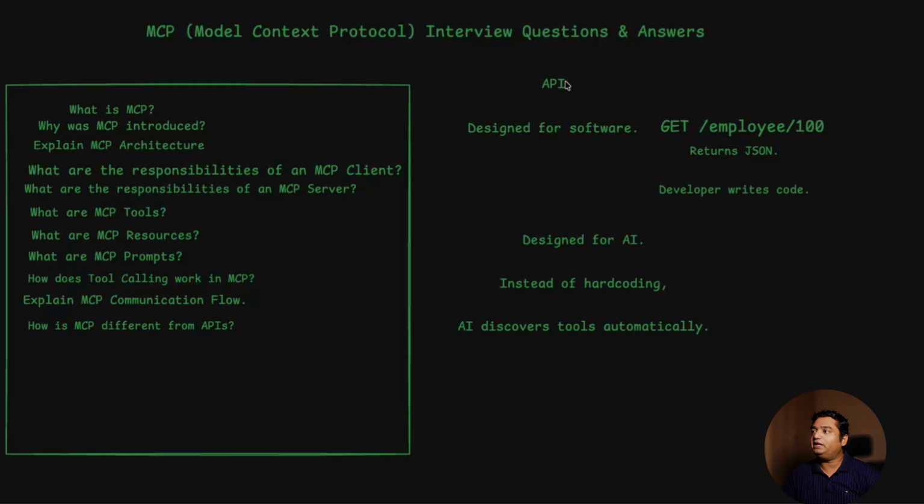In an API, generally what we do is call an API, like I want the details of this employee number. The output is returned as JSON, and then we start writing code for handling the return type or return answer. But MCP is designed for AI. It's not designed for developers. Means MCP caters the request for an AI application, not for a user.